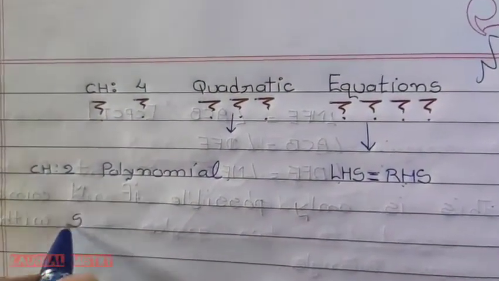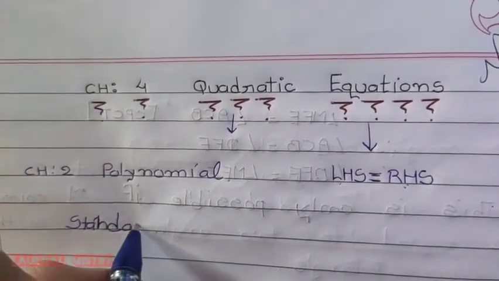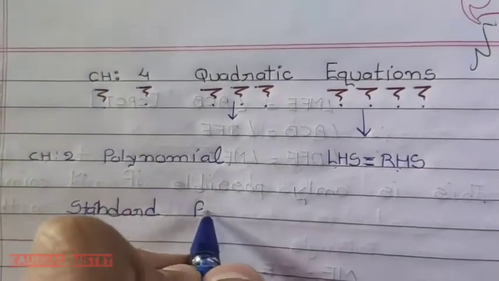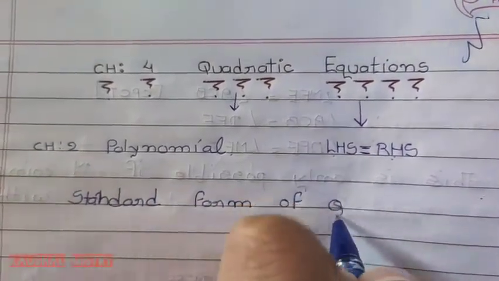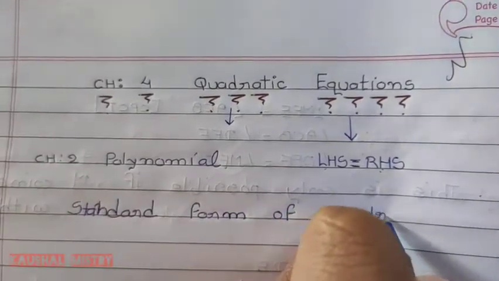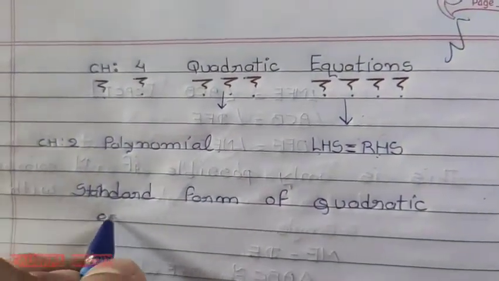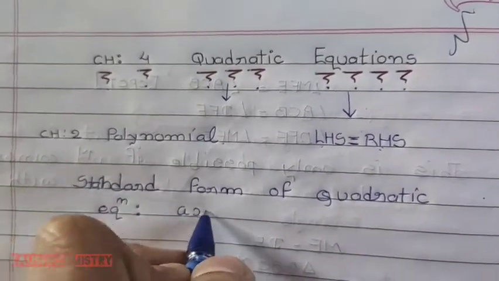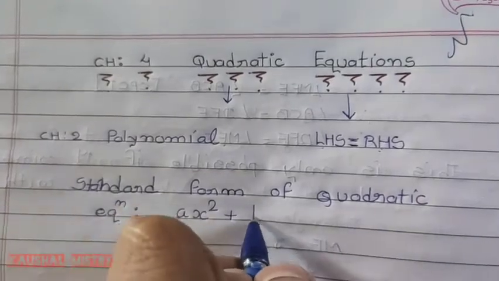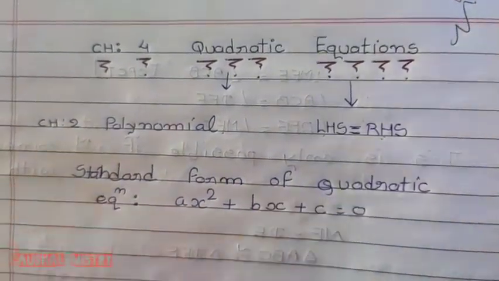And the standard form of a quadratic equation is ax square plus bx plus c is equal to 0, right?